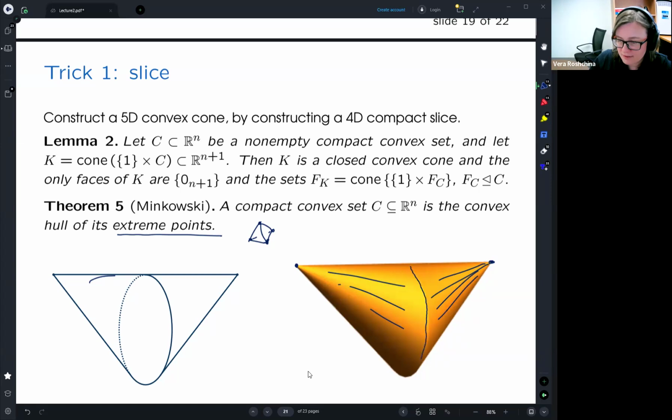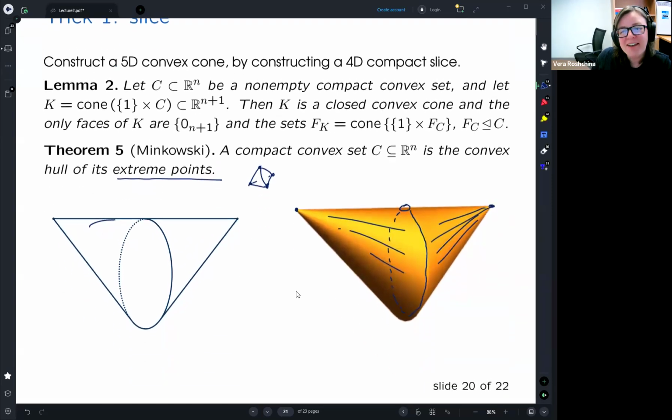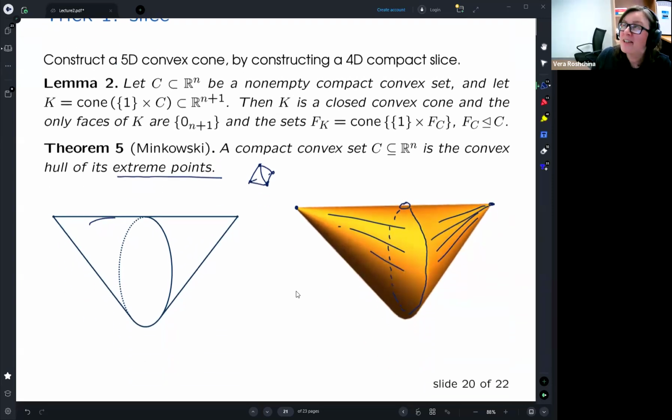Everything here is an extreme point, but this guy is not. So the theorem works for anything, even something like this. If I construct a compact convex set, maybe I will have a bunch of curves or something like this, and take the convex hull, and that will be my compact convex set that resolves whatever question I have.